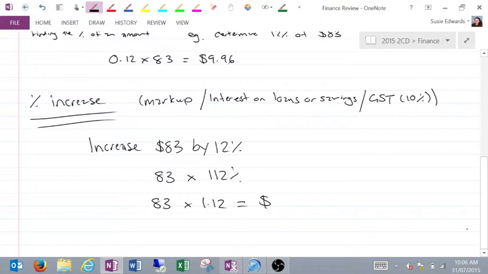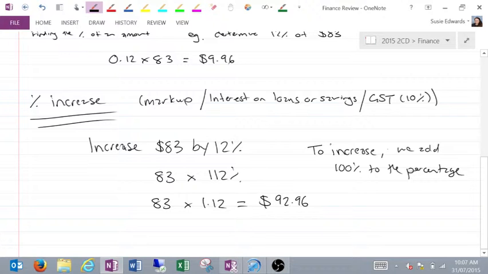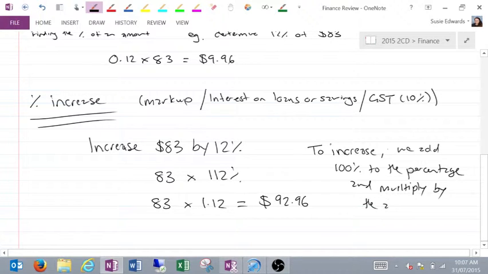Okay, so to increase, and someone's going to give me that answer in a second, 92.96. Okay. To increase, we add 100% to the percentage and multiply by the amount. That's our step.